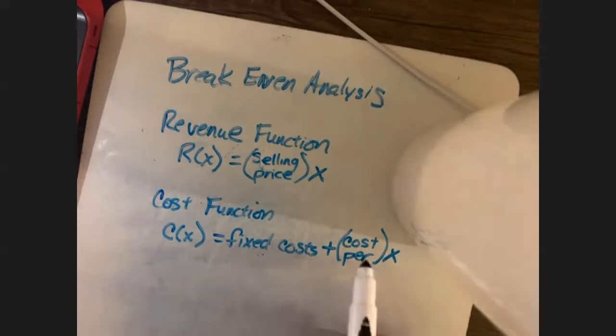Now, this over here is the cost in yarn. So if I figured out it takes me 15 yards of yarn to make it, and yarn is $1 a yard, then it costs me $15 to make that sweater.